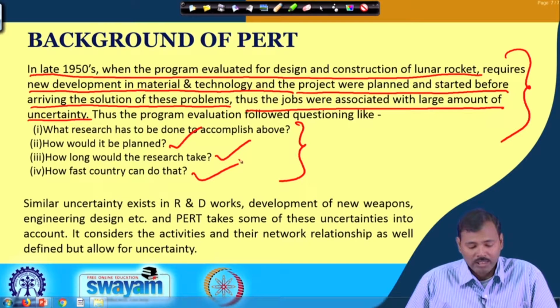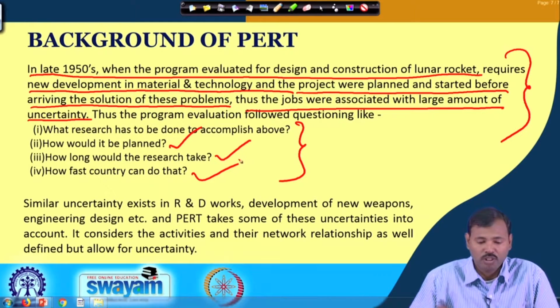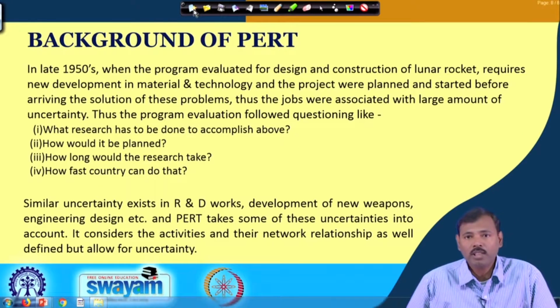So, like that way the questions are developed, and gradually the time has been framed in an optimistic, pessimistic manner, and from that some probabilistic approach is taken, so that some analysis on the network can be carried out, finally by which time this target would be achieved.